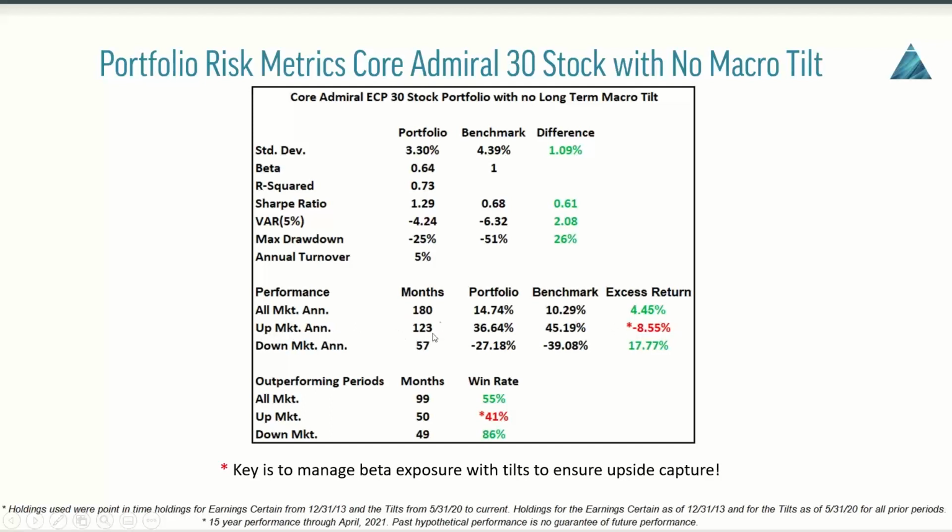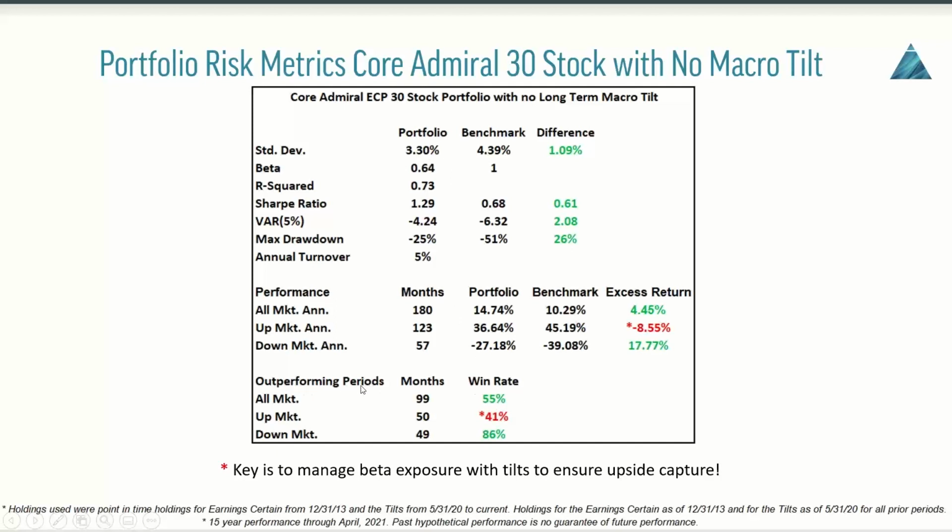We had basically 123 upmarkets, and the portfolio only returned 36. The benchmark did 45. So we were negative 8.55%. And that speaks to the need to managing that beta exposure with tilts to ensure that we capture that alpha on the upside.